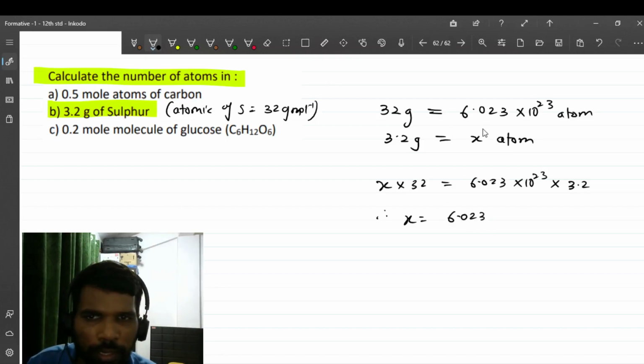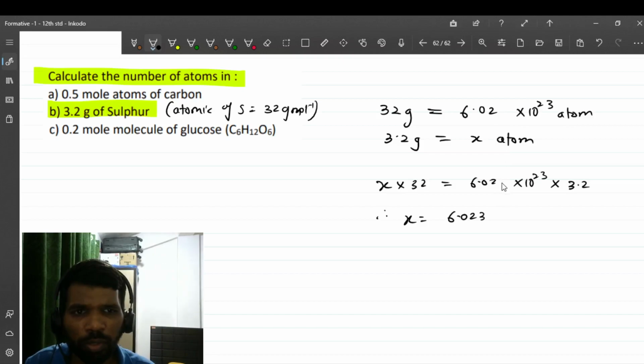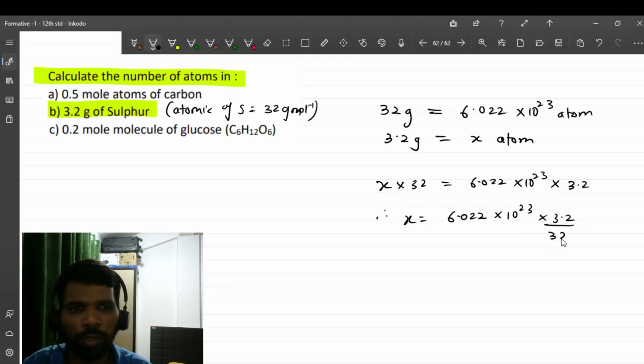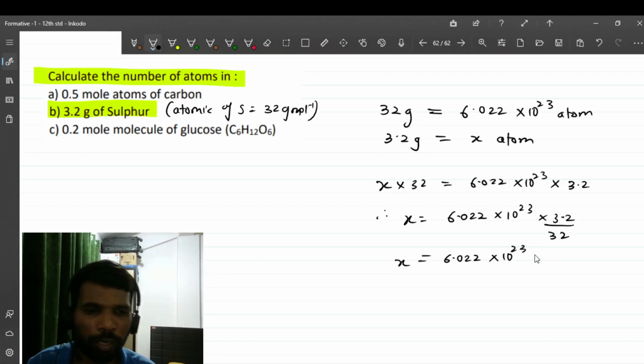Therefore, X will be equal to what? See, again I will be using 6.022 here. 6.023 is also fine, but as per the Goa board, we take this to be 6.022 only. So X is equal to 6.022 into 10 raised to power 23 into 3.2 divided by 32. What will you do for this big calculation?